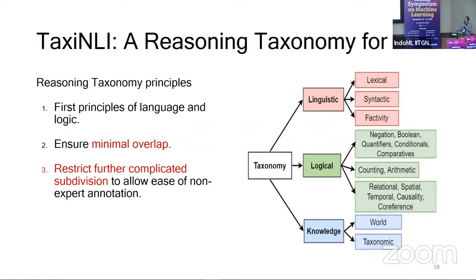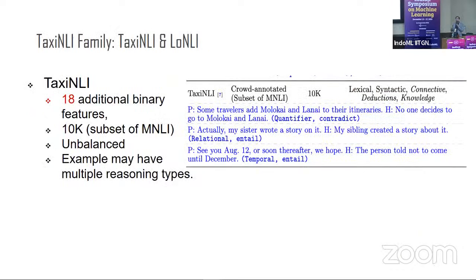Using this taxonomy, we proposed two datasets. One is TaxiNLI, which is basically a re-annotation of MultiNLI examples. Each example is annotated with any or multiple of the 15 reasoning types, since an example may have multiple reasoning types.